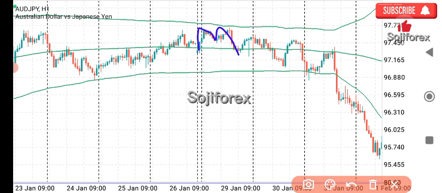Now, for you to get a reversal for an M pattern, you need to set up this particular Bollinger Band that I am using, because 80% of the time M patterns are formed around the upper Bollinger Band, and I'm going to share the setting of this Bollinger Band with you. Most of the time price reverses from that place as the peak.